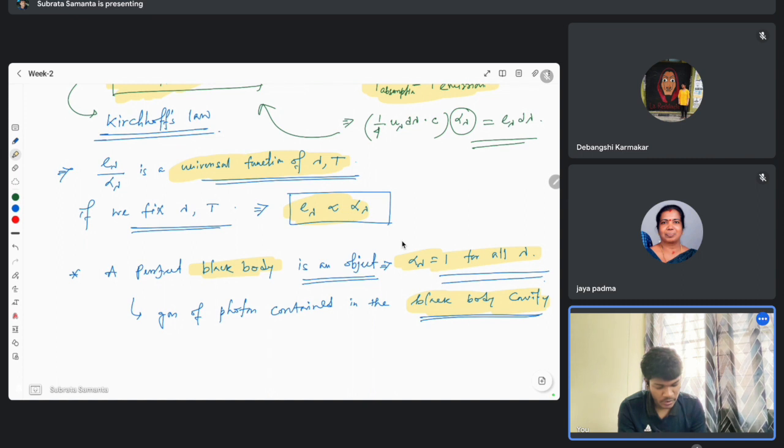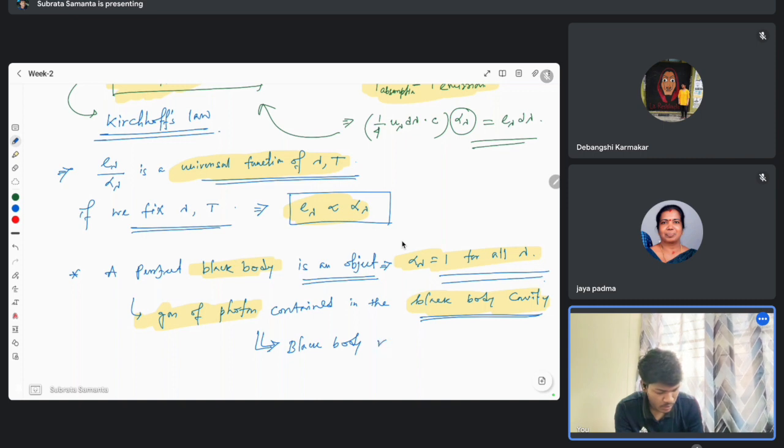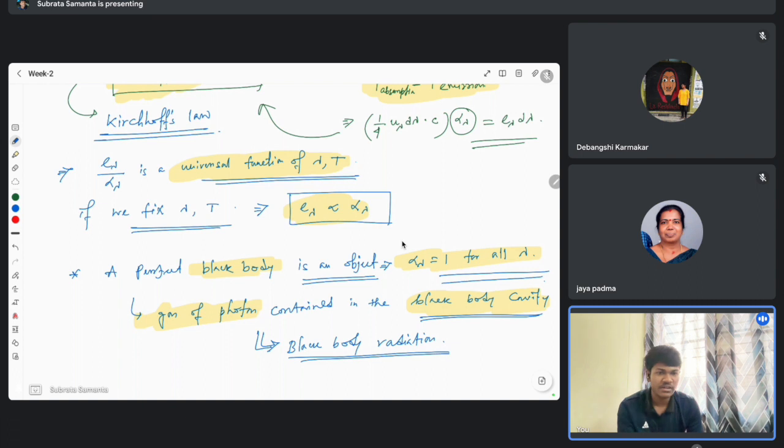Gas of photons means radiation; they radiate waves, and we can think of it as a gas of photons. This is known as black body radiation.